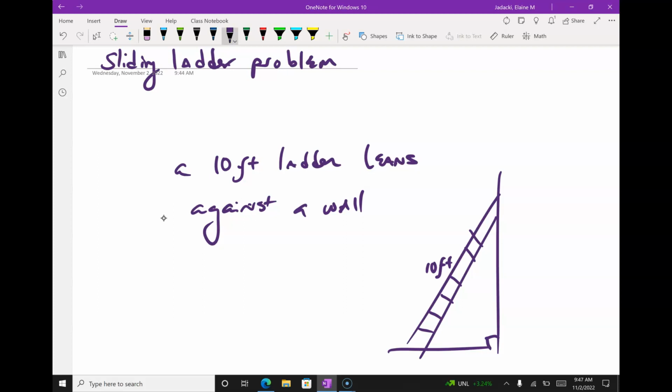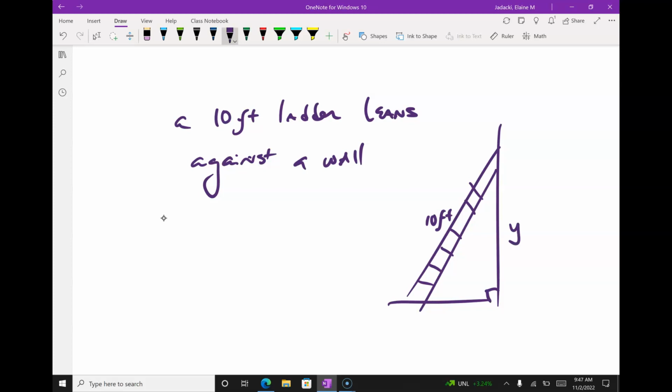So we know the height is y and the base is x. And I'm sorry, I drew it backward. Let me redraw it. I want it over here because I want x to be in the positive direction. Don't look at this one, look at this one.